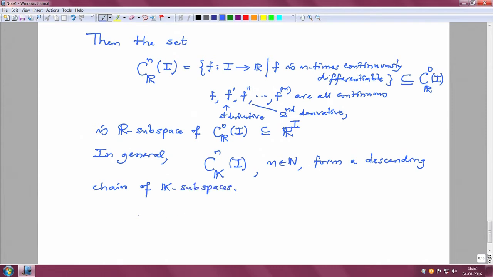That means C^0 is here, these are continuous functions on I, K valued continuous functions on I. Then comes C^1, once continuously differentiable, then 2 times continuously differentiable, because you know if it is differentiable then it is continuous. So we have a descending chain like this.